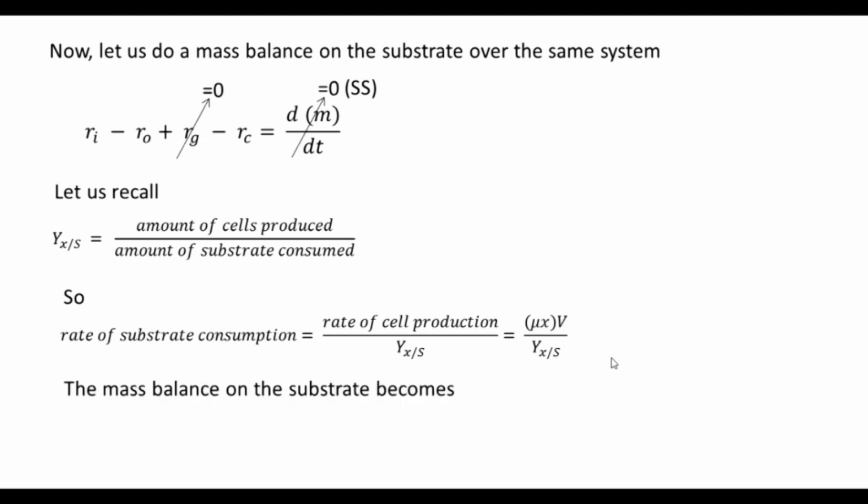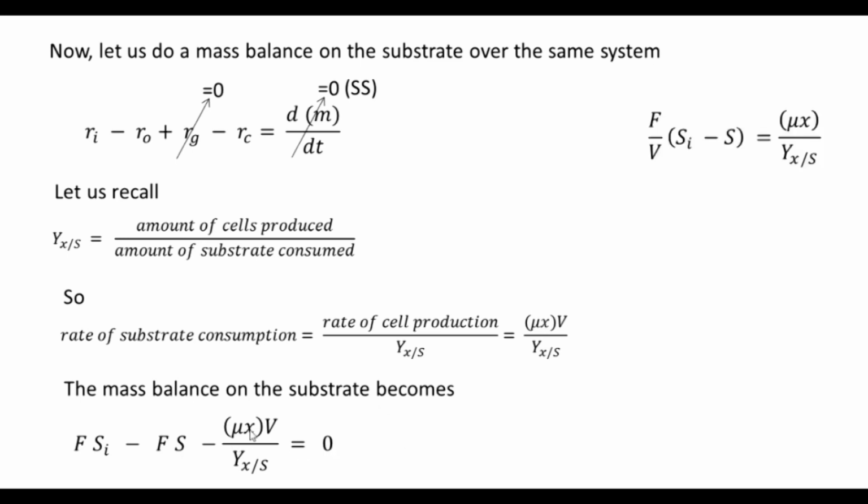So the mass balance on the substrate becomes, the input is F times Si. From the total mass balance, we derived that Fi equals Fo, say F. So F times Si minus F times S in the outlet minus mu x V divided by Yx/s equals 0. If we consolidate the terms appropriately, F into Si minus S is mu x V by Yx/s.